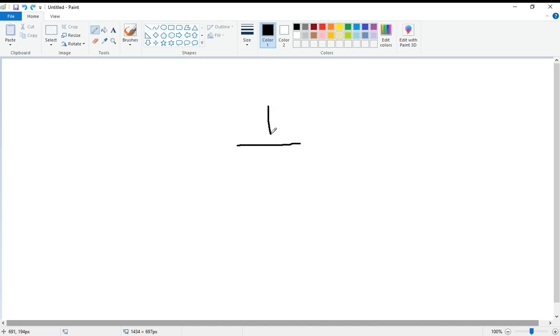Now, what if you have a different number in your denominator? This is the same as saying 1 divided by 2. And that's like if you have a whole pizza, you cut it in half, and now you have this part. And so that's the same as a half.